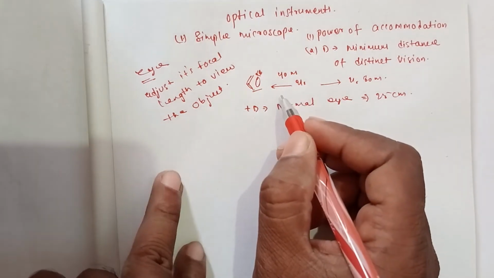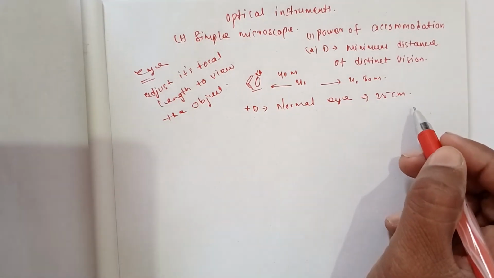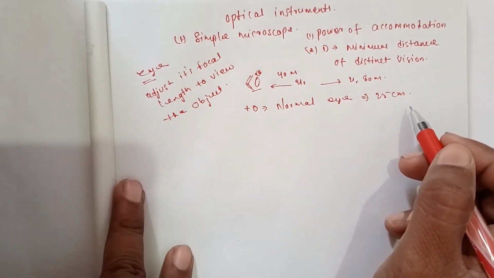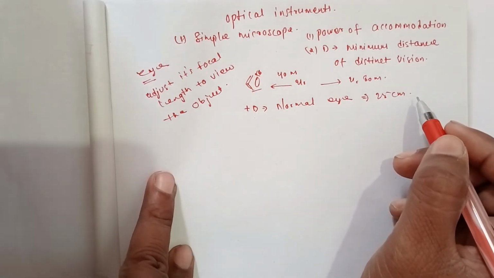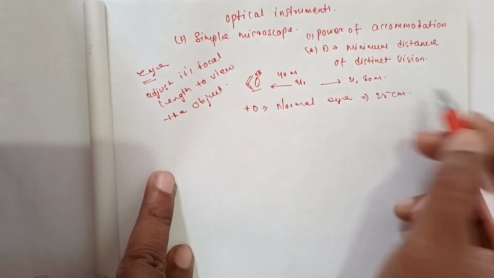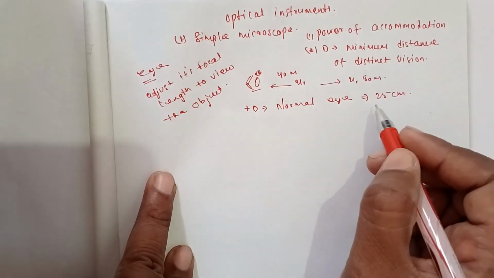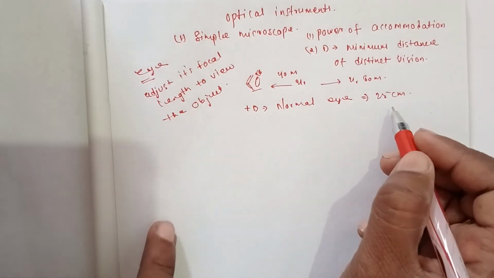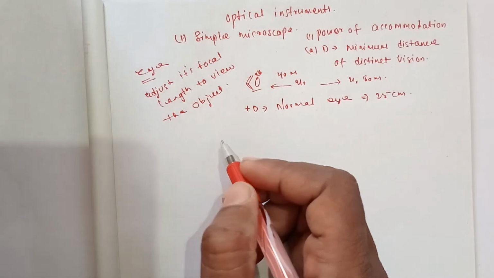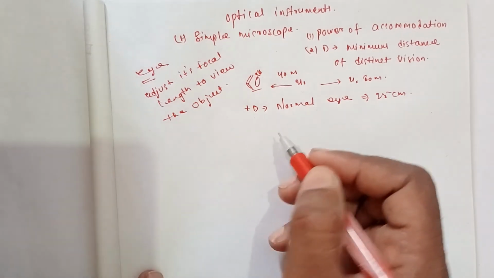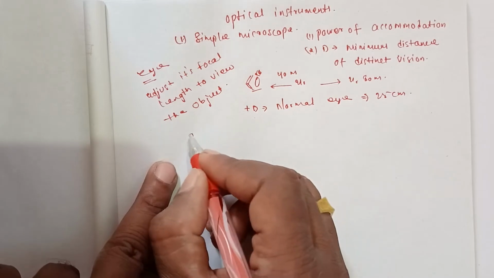Near to the 25 centimeter or 20 centimeter, the eye cannot adjust its focal length. So the minimum distance up to which the eye can adjust its focal length is known as D, or minimum distance of distinct vision, and for the normal eye it is 25 centimeter. Then we will proceed to the simple microscope.